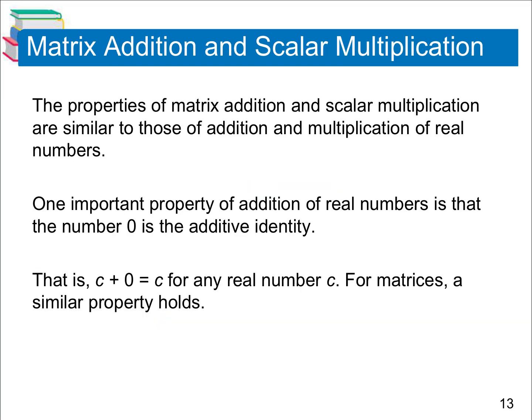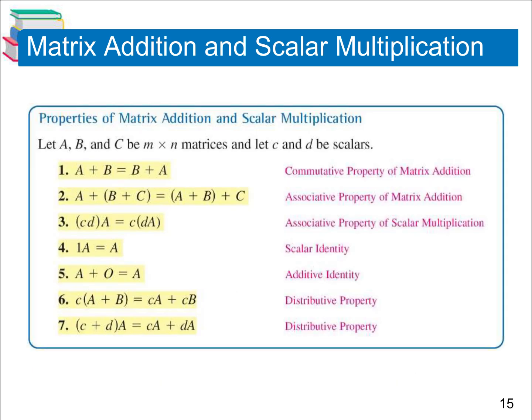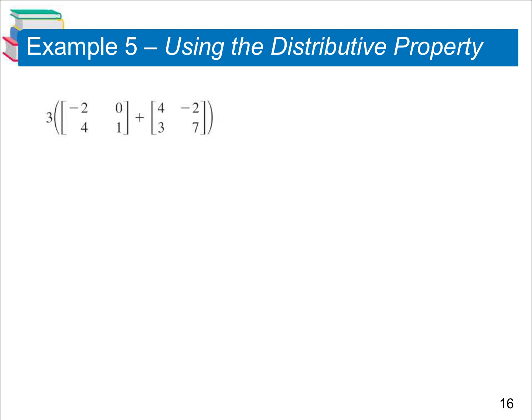If we keep going with this, it reminds you that your dimensions must be the same in order for you to add or subtract. Your next example that you are going to work with is 3 times the sum of -2, 0, 4, 1, and 4, -2, 3, 7. You could do this one of two ways.